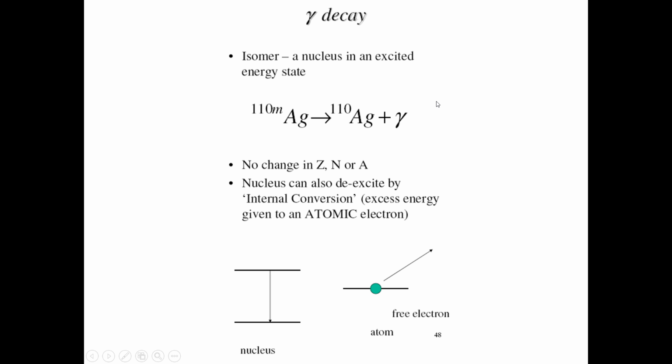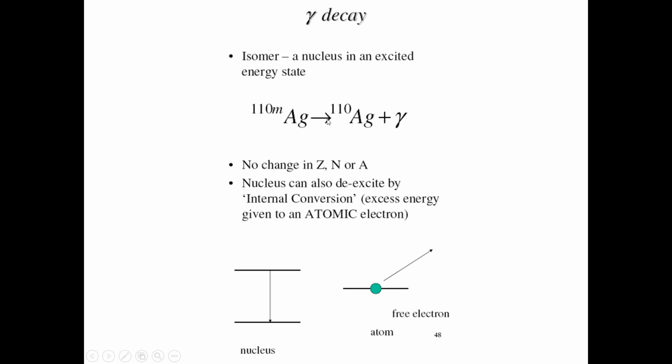What actually happens during the gamma decay? During the gamma decay, we should have an isomer. You know about isomers: a nucleus in an excited energy state, like a silver nucleus in an excited state.